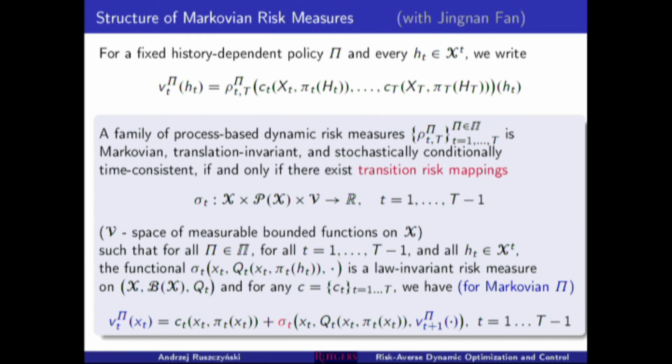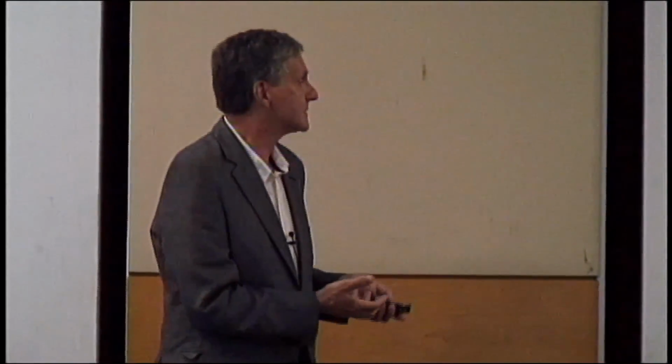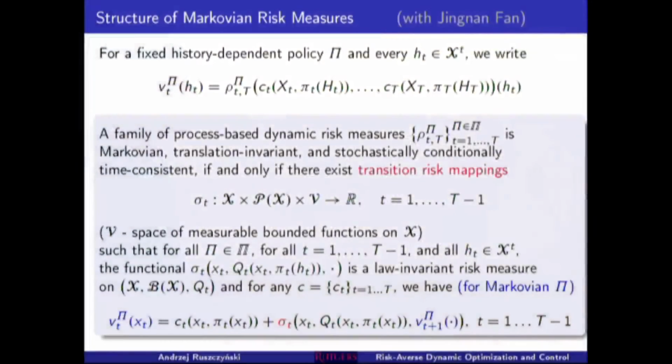And we can derive these transition risk mappings from classical coherent or non-coherent, generally one-step risk measures. We take a risk measure, for instance, a mean semi-deviation or average value at risk and so on, and we look explicitly how the probability distribution affects the value of this risk, because the probability distribution has to be made an argument of this sigma. And this is the only difference from the risk measures that we know. Because it's controlled, it has to feature as an argument of this.